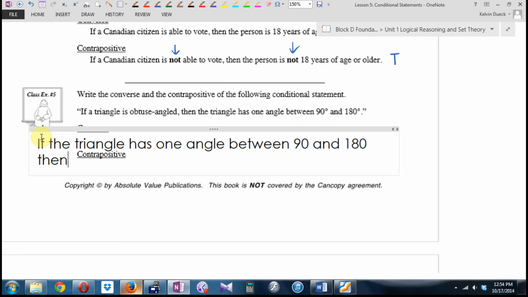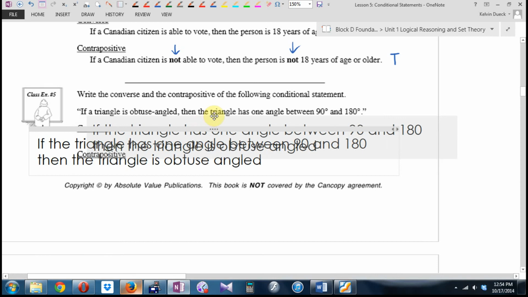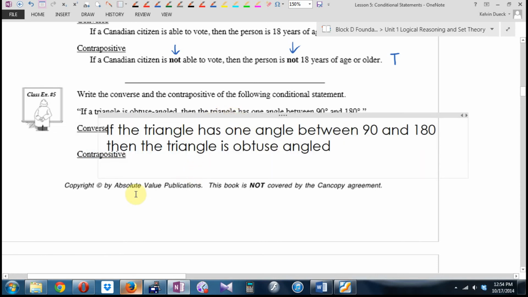What was the if in the original statement? So then the triangle is obtuse angled. Let's see if I can move that so you can see it a little better. Okay, there's the converse.